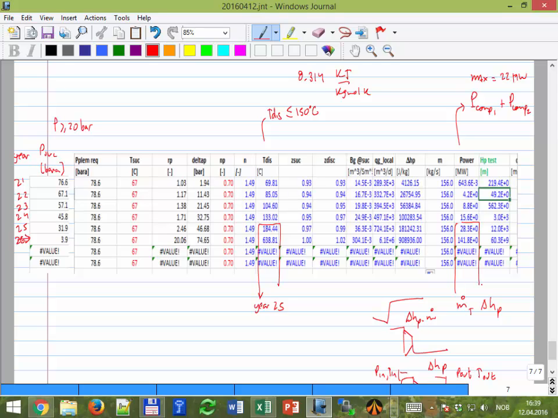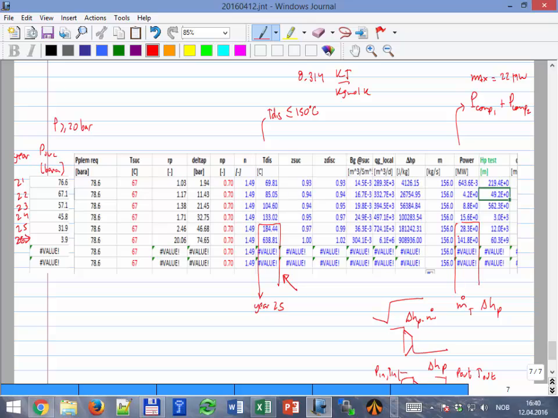So what can we do? First, install a cooler upstream of the compressor. The cooler can attack this part, that helps with that part. But I'm not sure if it's going to help here.